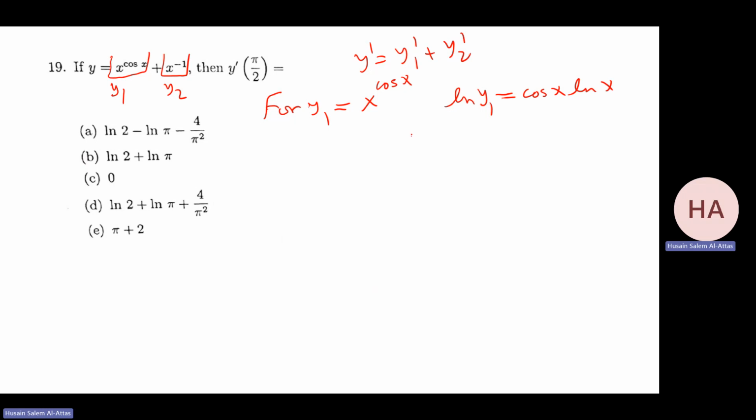Now differentiate with respect to x: y prime over y1, I'm talking about y1 only, will be equal minus sine x times ln x plus cosine x over x. So y1 prime will be equal y1 times this.